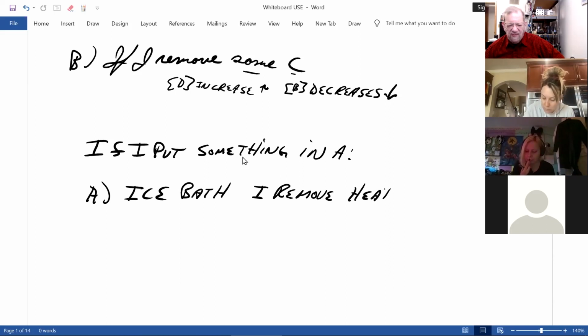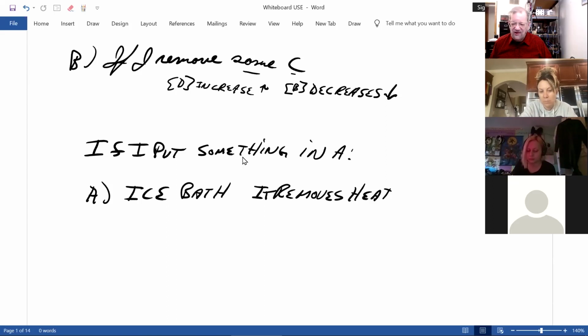And for this part, we'll be talking about heat. Now, how many of you have ever seen an ice bath? Well, what is an ice bath? That's a beaker of water with ice in it. Or if you have a glass of water with ice cubes in it, we could call that an ice bath. And if you put something in an ice bath, you make it cold. And what does that do?